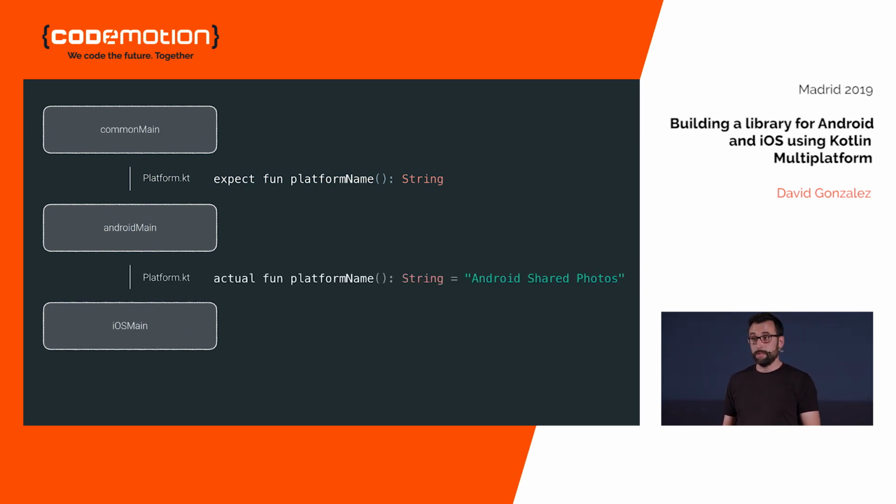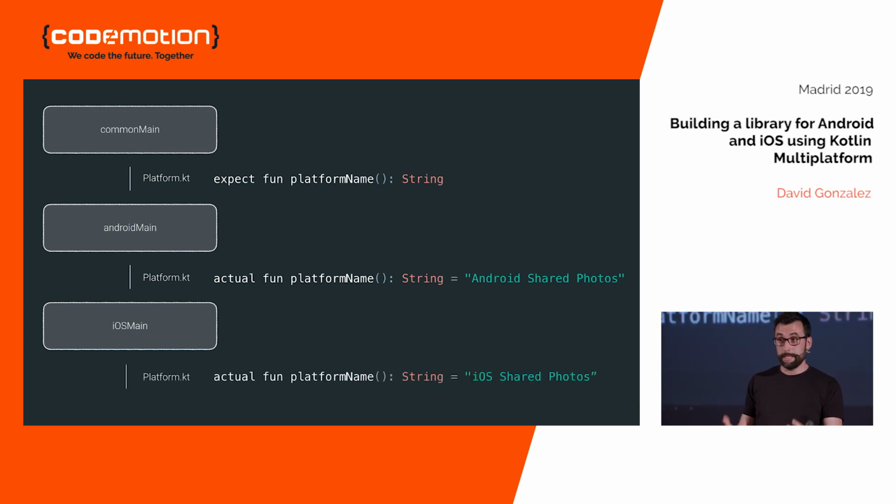If you go to Android, the actual implementation of that variable is going to return Android shared photos. That means that whenever someone calls platform name from an Android world, this is the value that we want to see. On iOS, we're going to define the same, but it's going to be called iOS shared photos. Same idea. When we call this from iOS, this is the value that we want to receive.